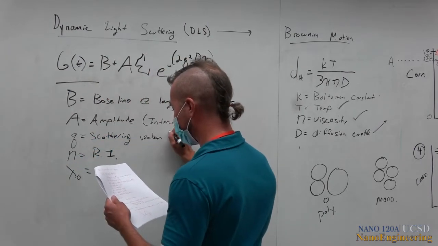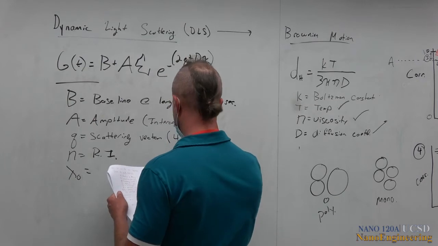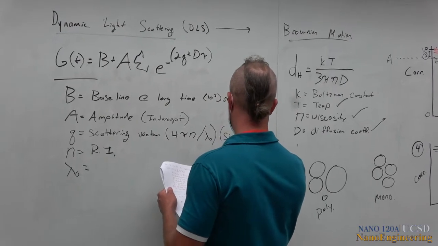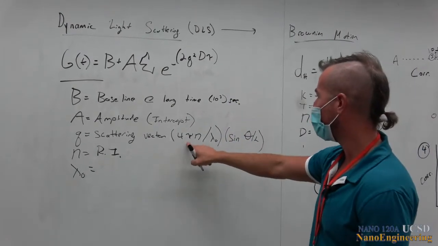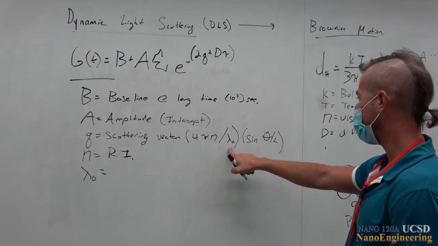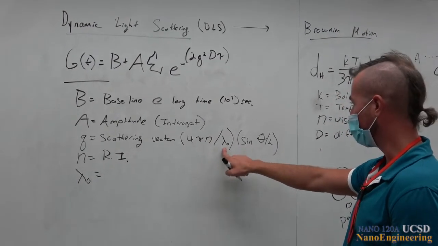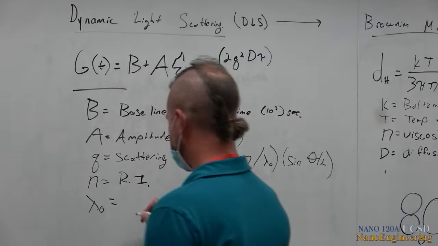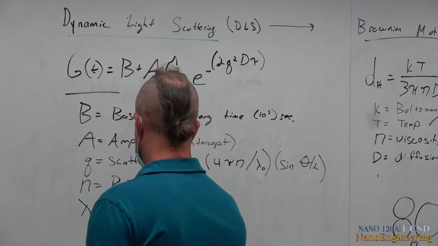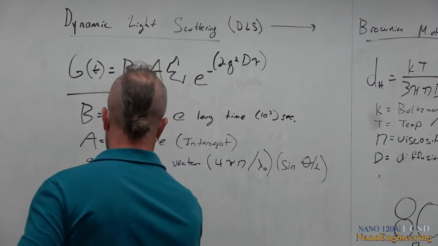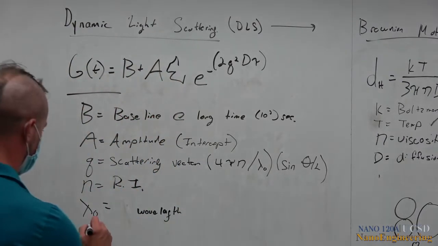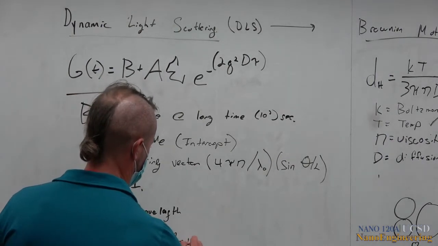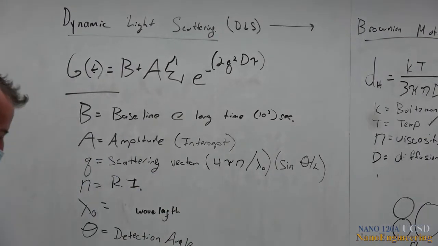Okay, let's just write it. The scattering vector is 4 pi, this is our scattering vector, 4 pi refractive index over my wavelength, at the angle with which I'm scattering. Theta is my detection angle.